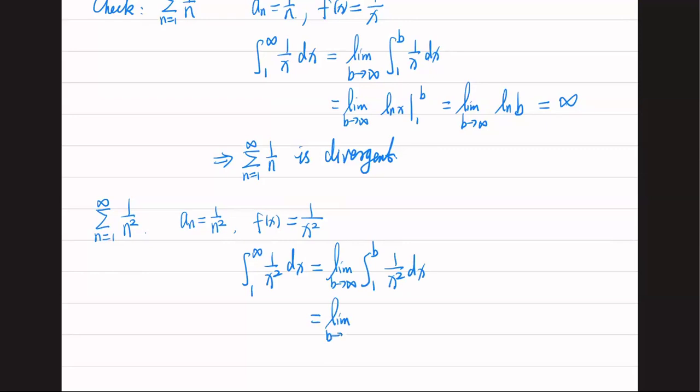Zichen, what's this integral? 1 over x squared. 1 over x dx. This is, oh, sorry, I forgot the square.